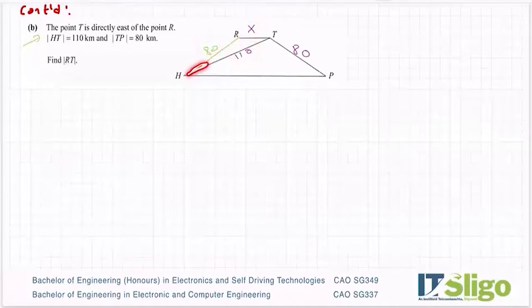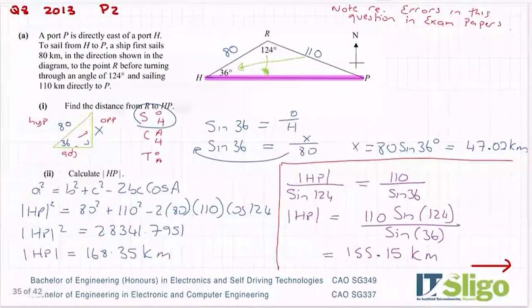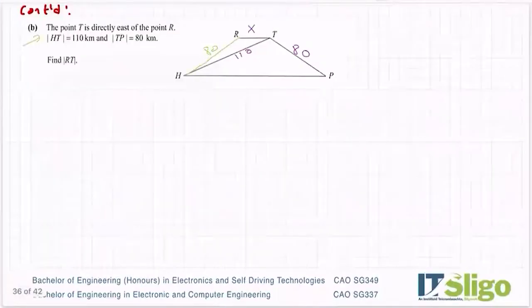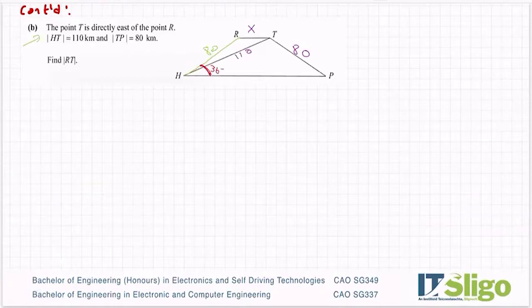I just need to find this little angle here. I know that this entire angle here adds up to 36 degrees. So if I can find this piece of it, which is the inner triangle, then I can find this little bit on the outside.